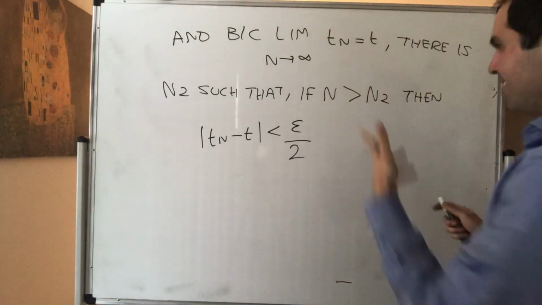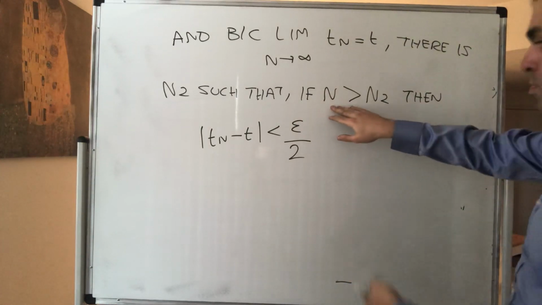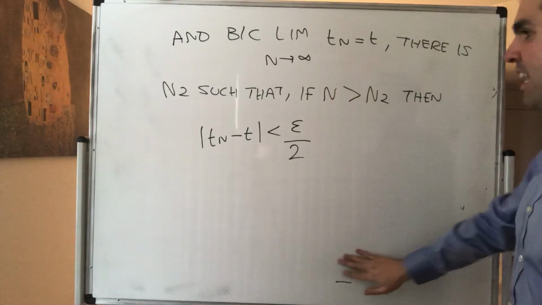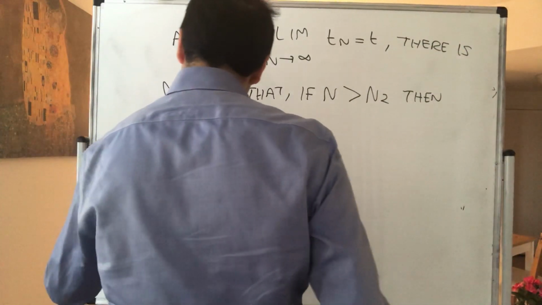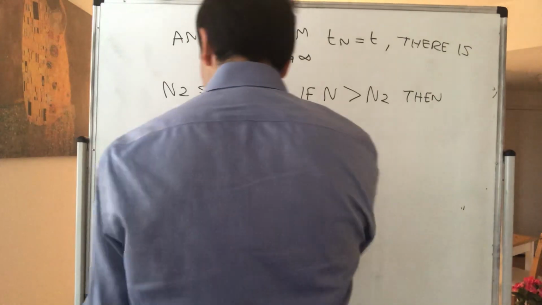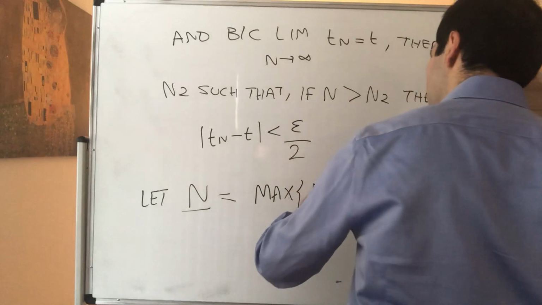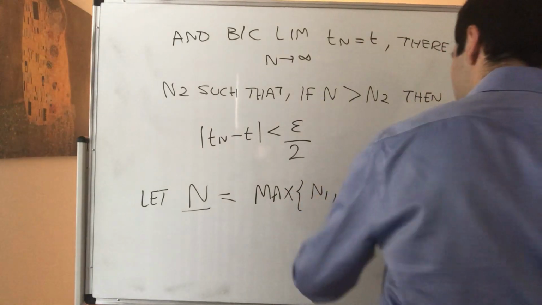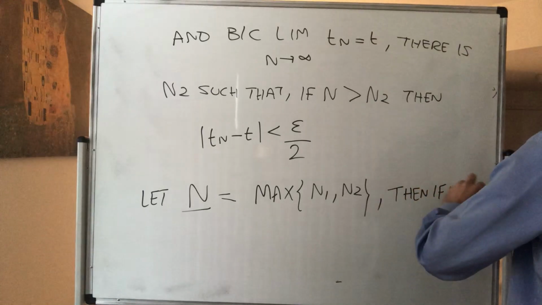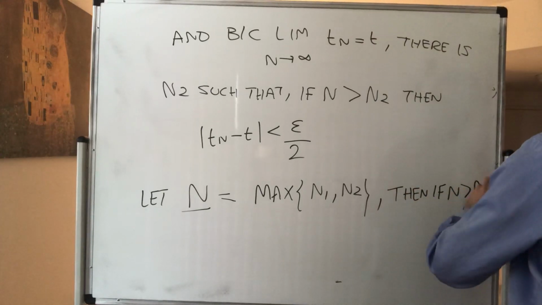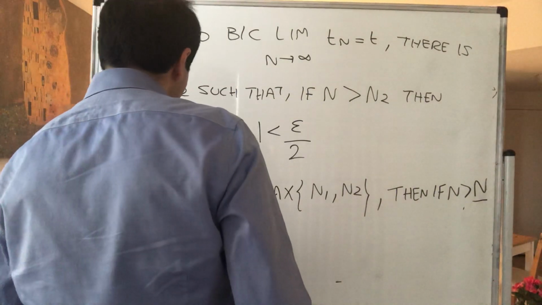But here's the thing. In particular, if you choose N to be the larger one of N1 and N2, both of those things happen. So let N, again remember we needed to find this, be the maximum of those two numbers. Then, if n is bigger than capital N, then what do we have?